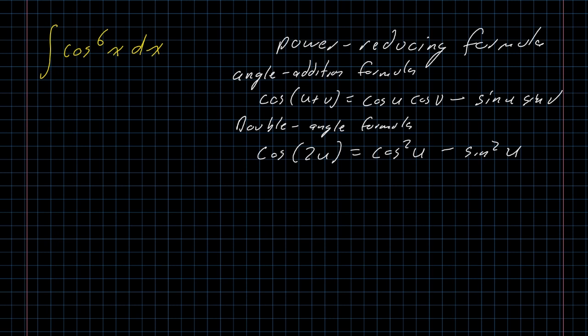Now from there, I'm going to use the Pythagorean identity to rewrite this. Cosine 2u will just stay alone for now. Cosine squared u will stay alone for now. And then sine squared u, we just used this in the last example, sine squared is the same thing as 1 minus cosine squared.